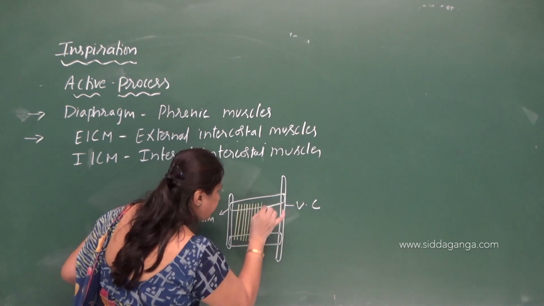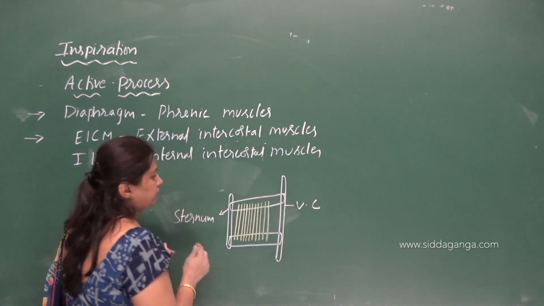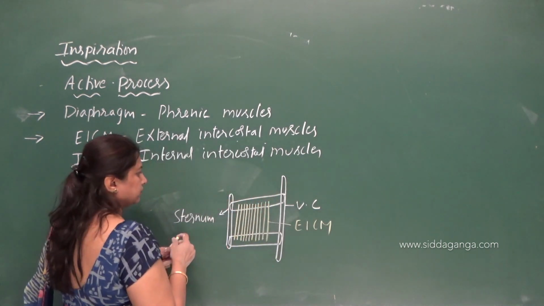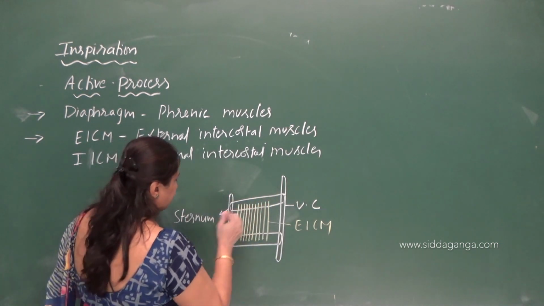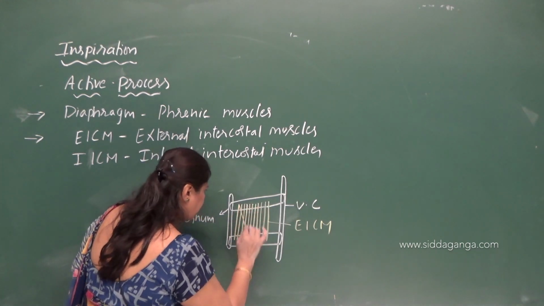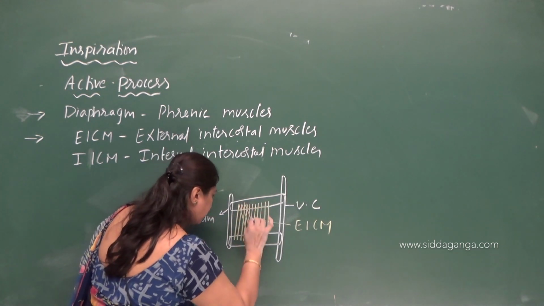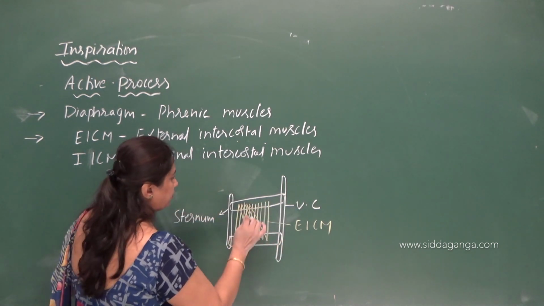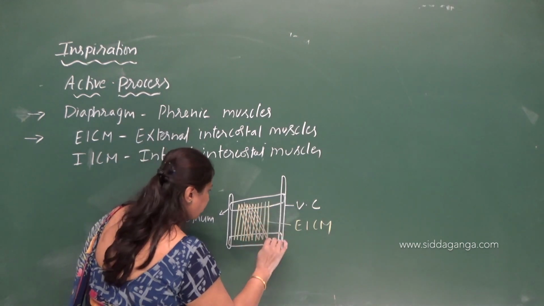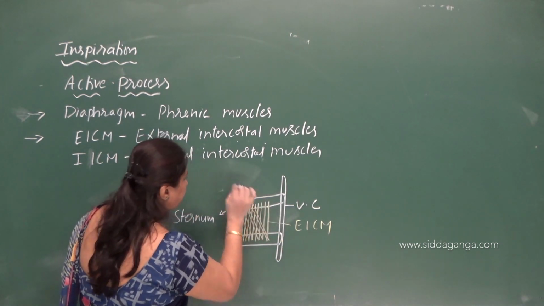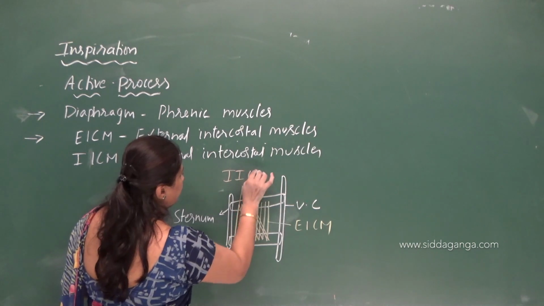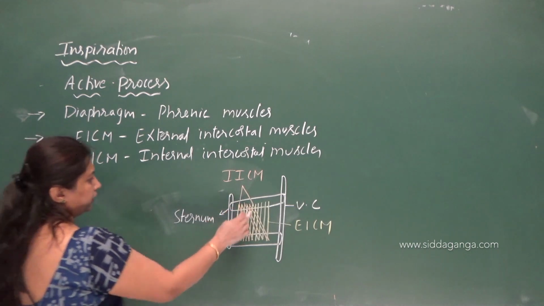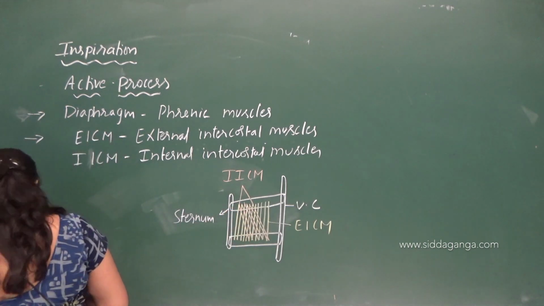So these are the external intercostal muscles, and these are the internal intercostal muscles. Both types of muscles are present between the ribs, but their function is different.